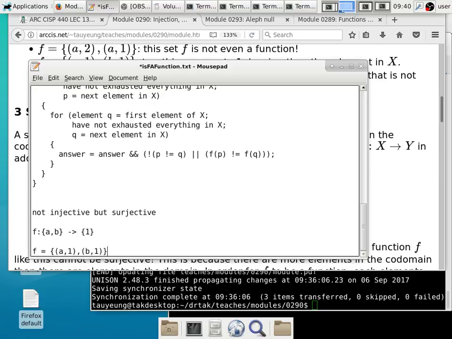In other words, if I make this a 1, 2, this will not be surjective anymore. If we have A mapping to 1 and B mapping to 2, then it would be both injective and surjective. But he's specifically asking for an example where it is not injective but surjective.